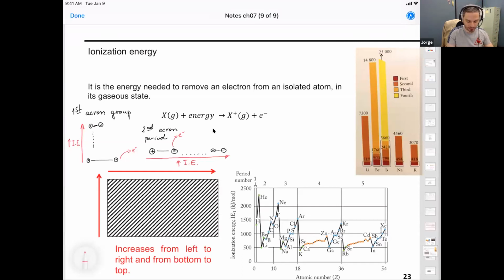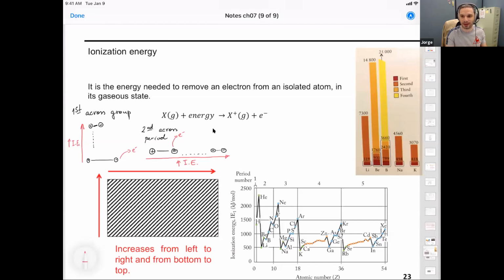And the graph here on the bottom right corner shows how the trend changes across the periods and the groups. Okay, if you note here, the noble gases, they have the highest ionization energy. That's because they have a full octet, which means a stable electron configuration, and it's harder to pop this electron out.